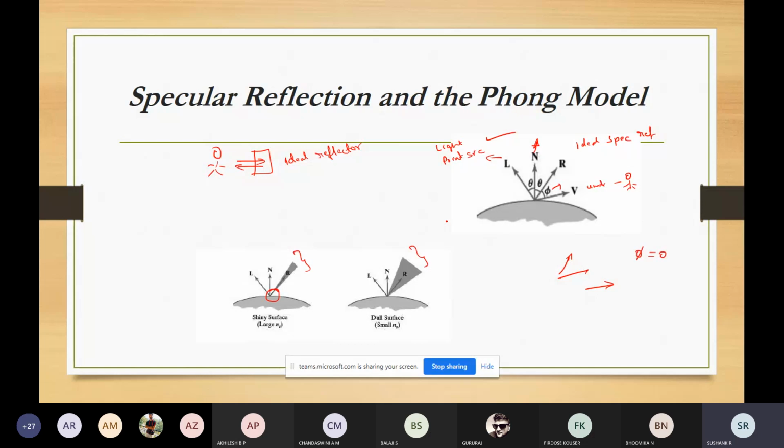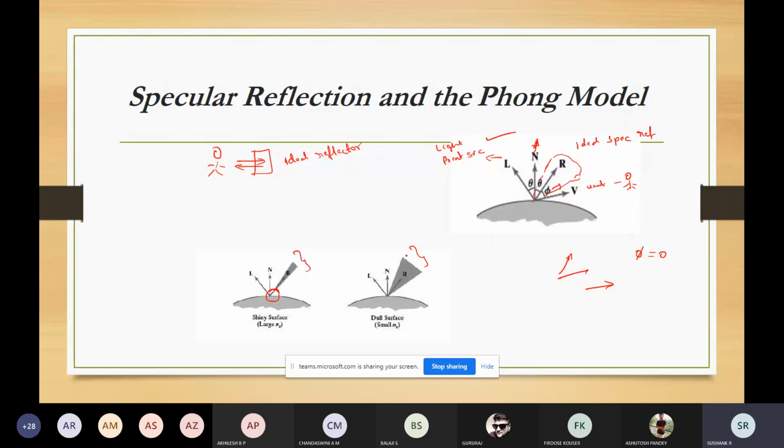Other than mirrors, we also have some objects that will reflect the light over some finite range around this vector R. So shiny surfaces will have a small range, but dull surfaces will have a wider reflection range.